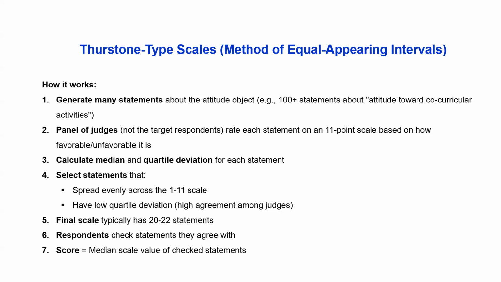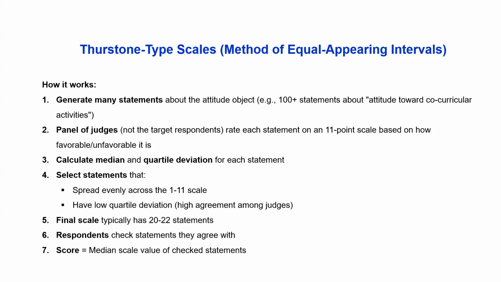First, we have to generate many statements about the attitude object. For example, 100 plus, that means 150, 200, like that, statements about students' attitude towards co-curricular activities.